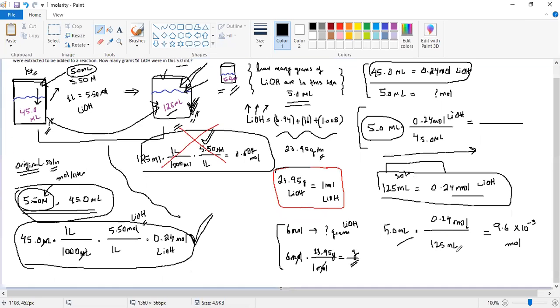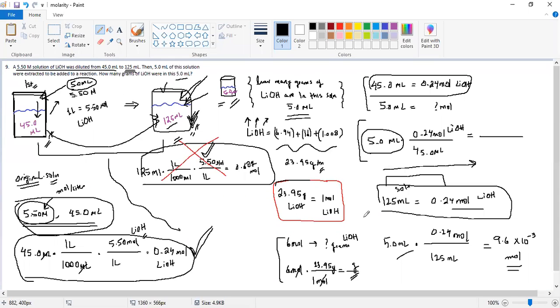But of course, briefly recall that our goal really wasn't to find out how many moles there were. That was sort of an intermediate step. What we really wanted to do was figure out how many grams are in the amount of moles that are in 5.0 milliliters of this solution. Not this solution, but this solution. So you know that 1 mole equals 23.95 grams.